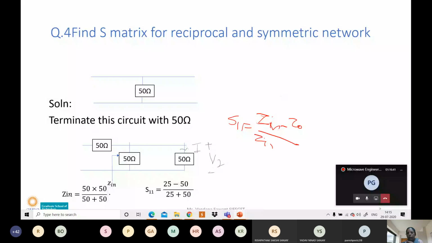According to this formula, Zin is equal to 25, and Z0 is our 50 ohm, that is the terminating impedance. So 25 minus 50 divided by 25 plus 50. That will be minus 25 divided by 75, that is minus 1 by 3. As this network is symmetric, S11 is equal to S22, so S22 will also be minus 1 by 3.